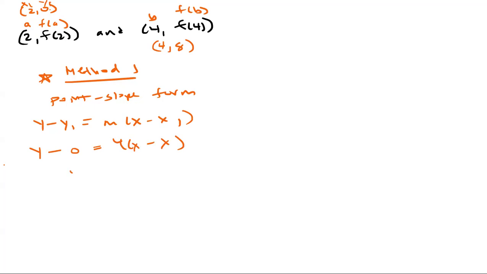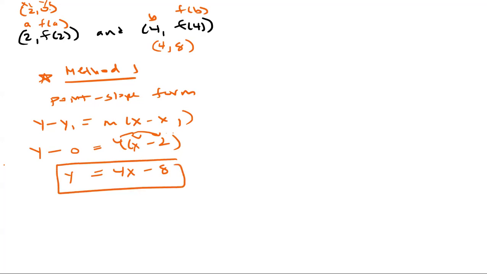And then y minus 0 is y, and I distribute that 4 inside. That gives us 4x minus 8. And that will be our answer there. So this is the equation of the secant line.